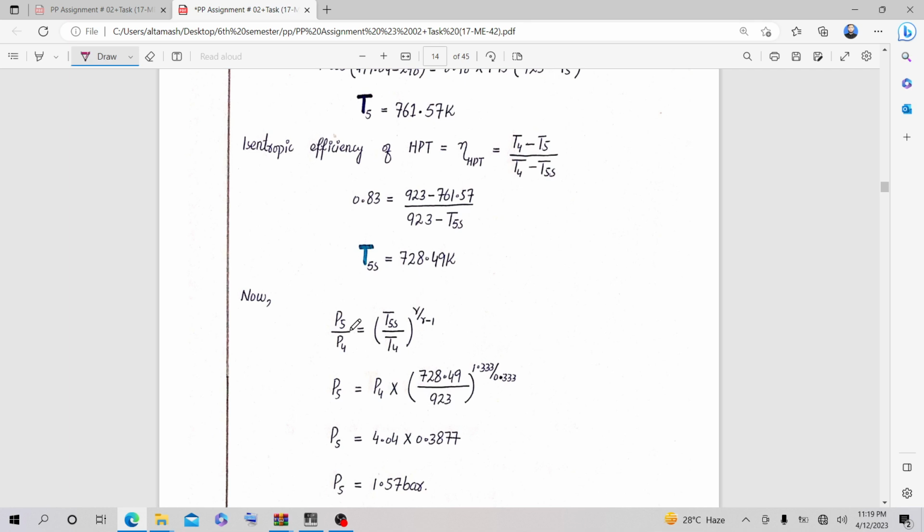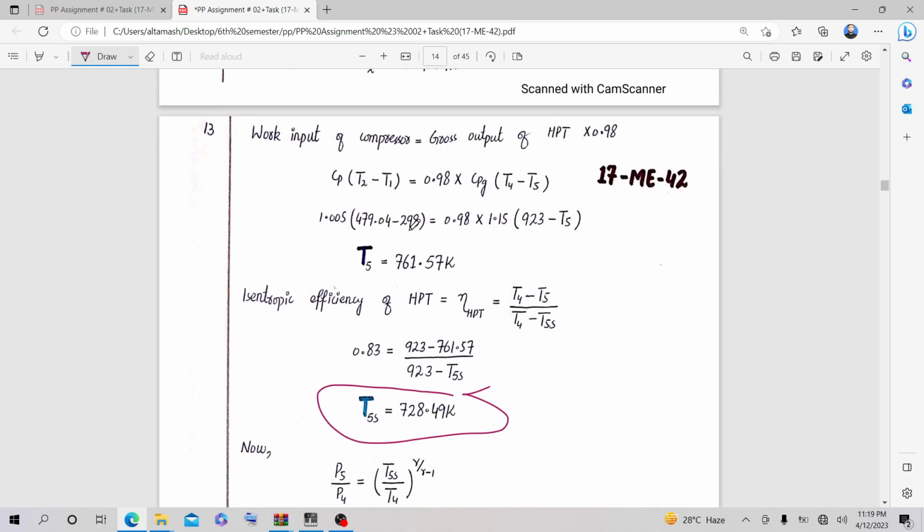So 0.83 is equal to 923 minus 761.57 divided by 923 minus T5S. So T5S is equal to 728.49 Kelvin.